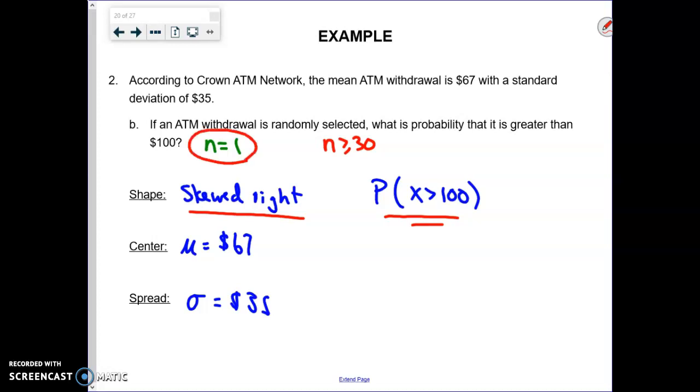So in this case, unfortunately, you can't use a normal distribution because our original population shape wasn't normal and our sample size is not greater than or equal to 30. So in essence, what's the probability? I hate to say it, but we cannot find this probability with a normal distribution.